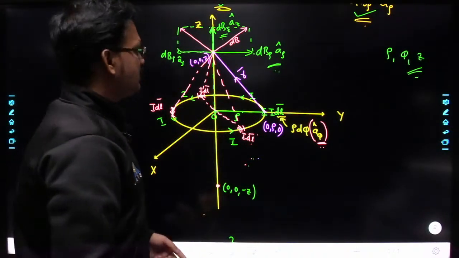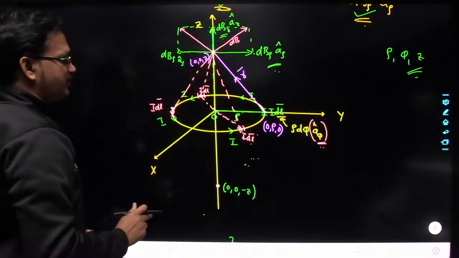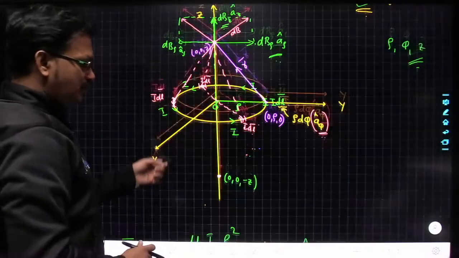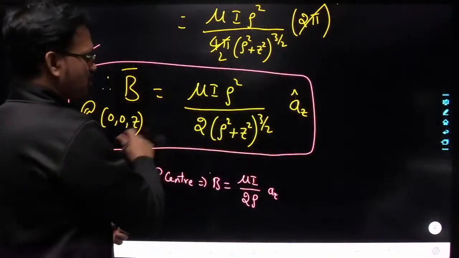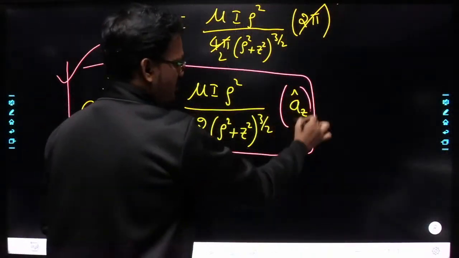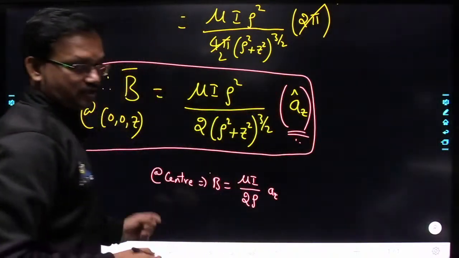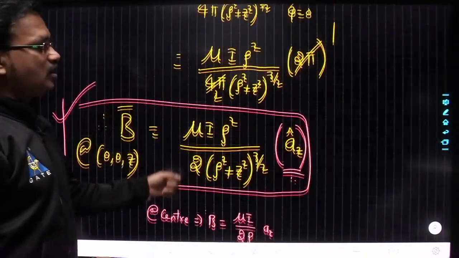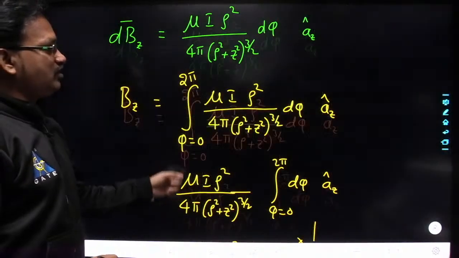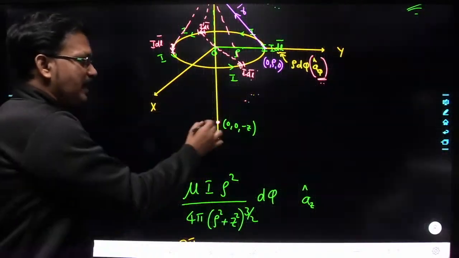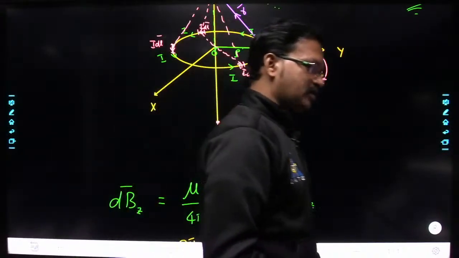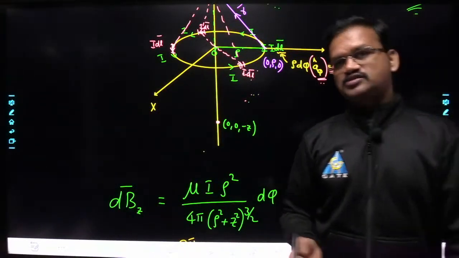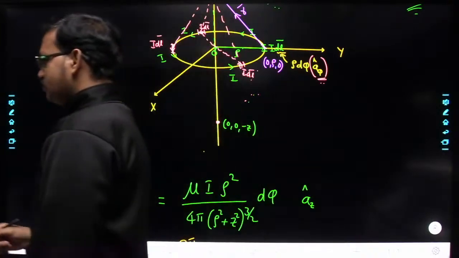Now tell me the direction of B field at this point. The direction of B field at 0, 0, z we got in AZ cap direction. Now what is the direction of B field at 0, 0, minus z? The expression will be same here. Here I am asking about the direction.